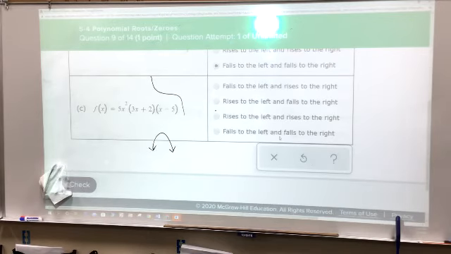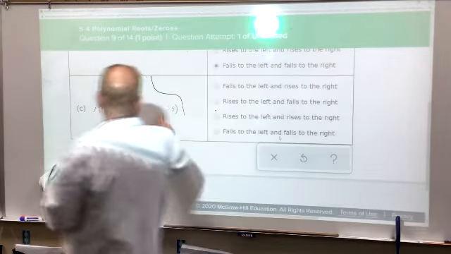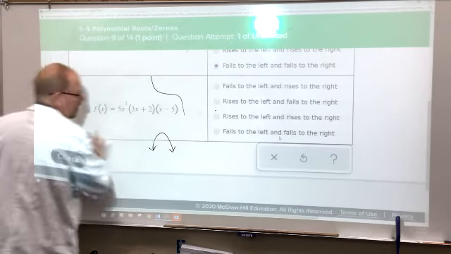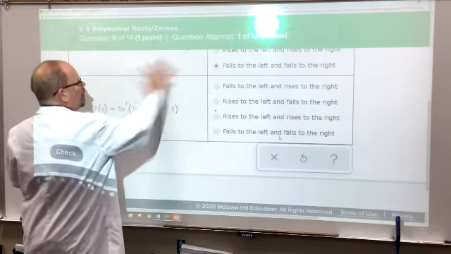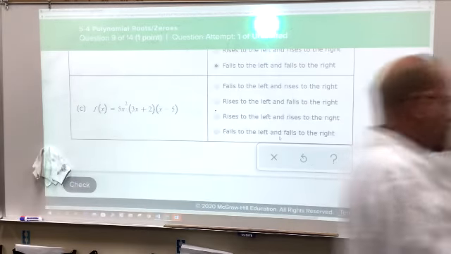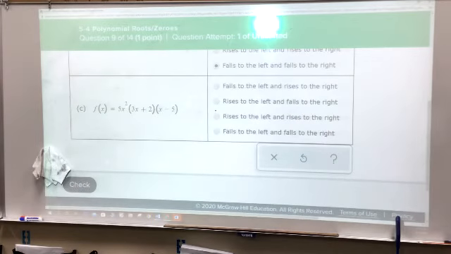Then here we go. X to the first times x to the first times x to the second is x to the fourth. Remember when we used to add exponents in the 8th grade? Never thought you'd be doing that again, huh? And this one's positive, so it's going to rise to the left and rise to the right.